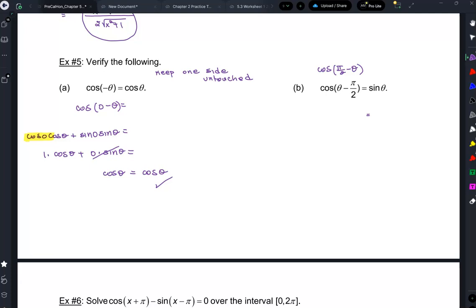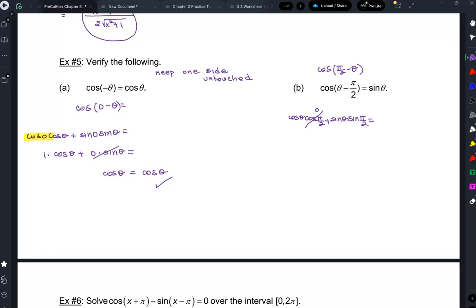Excellent, good. So we're going to keep sine of theta the same and work on the more complex side. So this is going to be cosine theta cosine pi over 2 plus sine theta sine pi over 2. Cosine of pi over 2 is 0, so that whole term is 0.